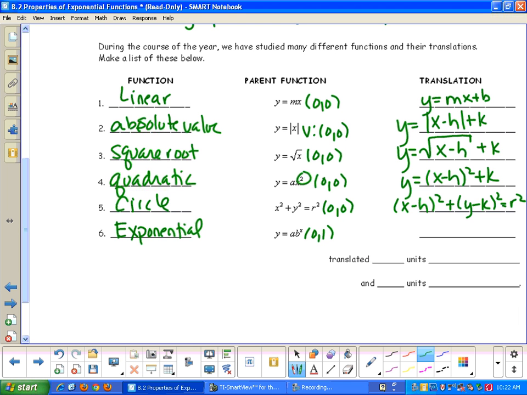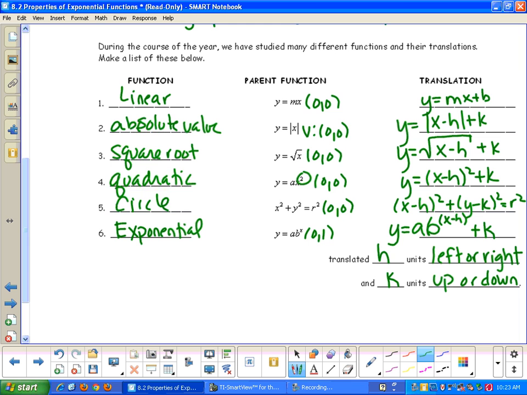For these values, if we have an exponential, then to do the h and the k, it's going to be y equals a times b to the x minus h power and then plus k on the outside. And just like all the other times that we had this, the h value is going to move your graph left and right, depending on if it's positive or negative, and the k value moves your graph up or down.